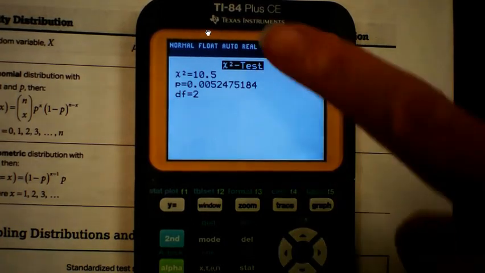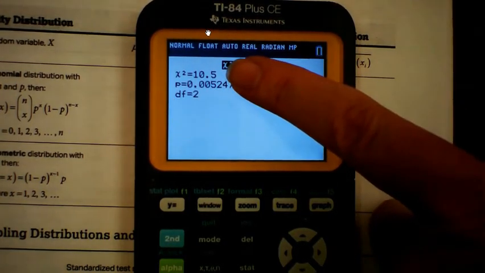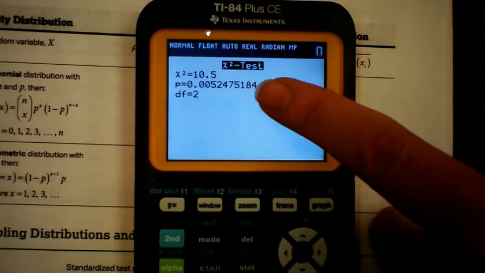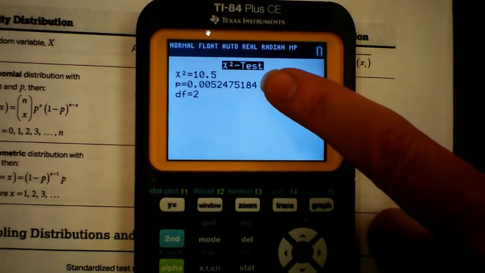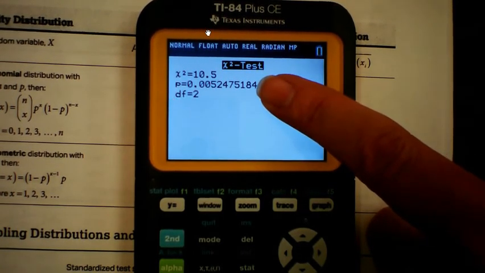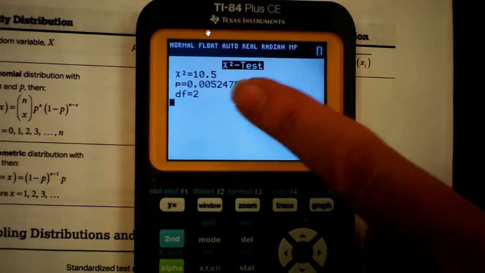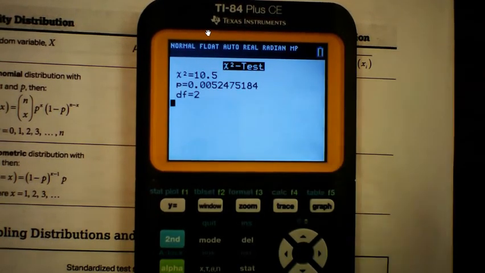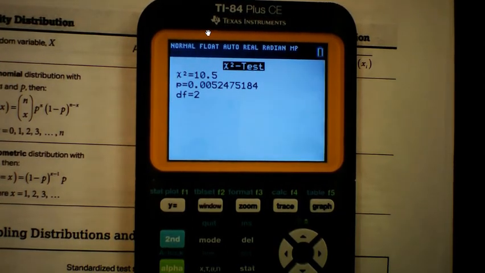Calculate, write down what the sum of the chi-squareds was, and write down what the p-value is. Because this is lower than 0.05, we're going to be rejecting at a degree of freedom of 2. And let's look at what our expected counts were, because remember, you always need to write those down in order to prove that you actually checked the large enough condition.